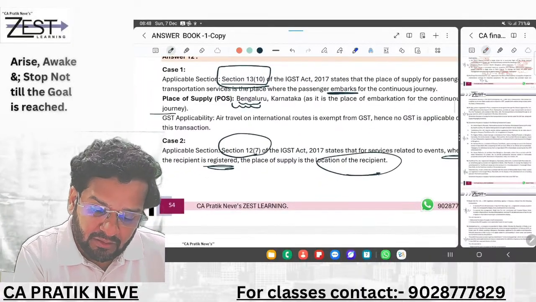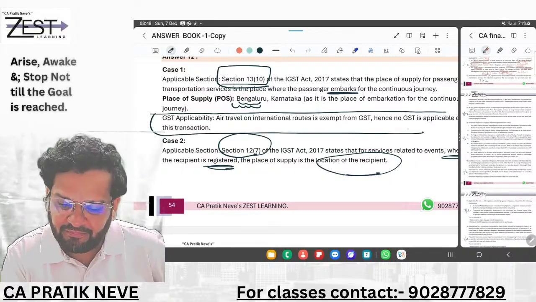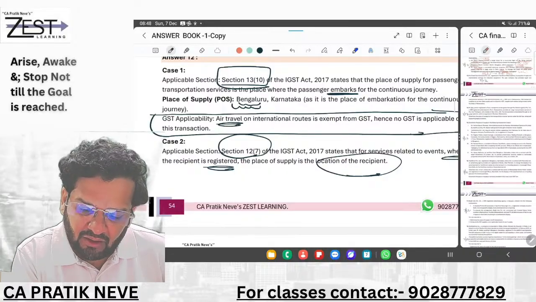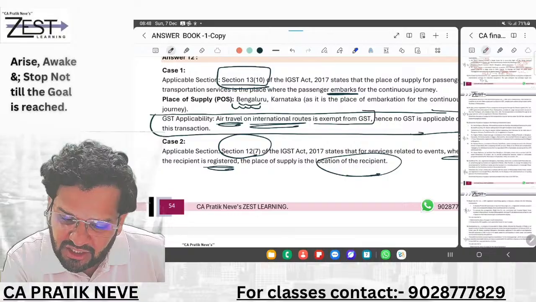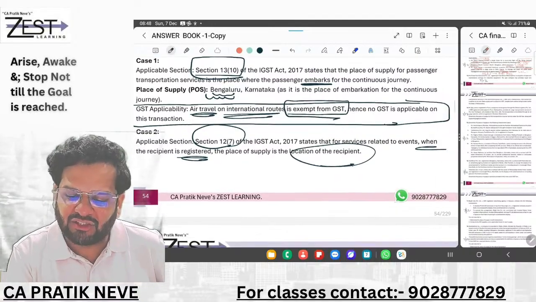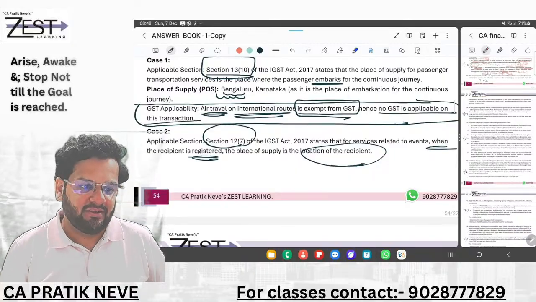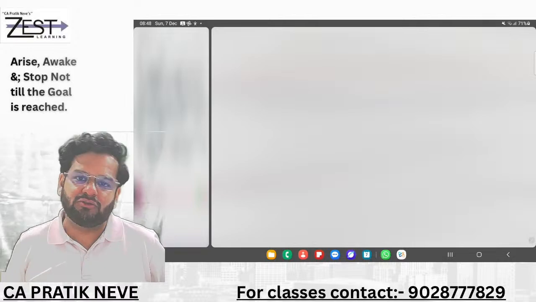But the showstopper is about GST applicability. Air travel on international routes is exempt from GST, and that's why no GST is applicable on this transaction, even though you got place of supply as Bangalore.